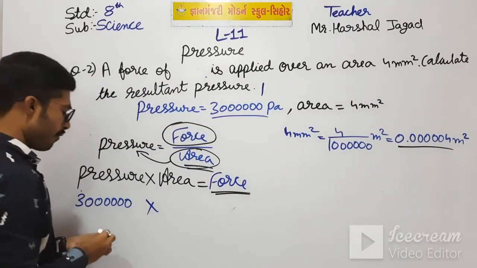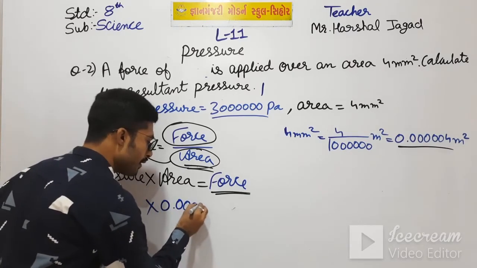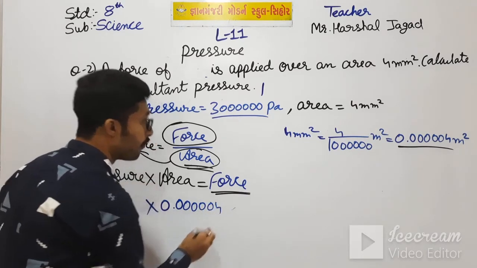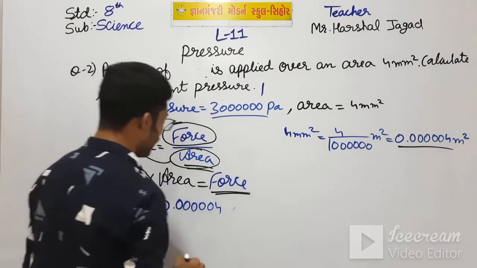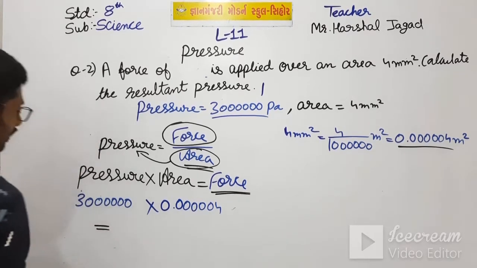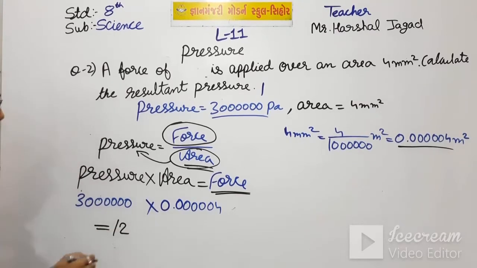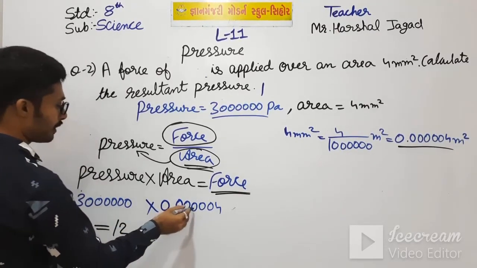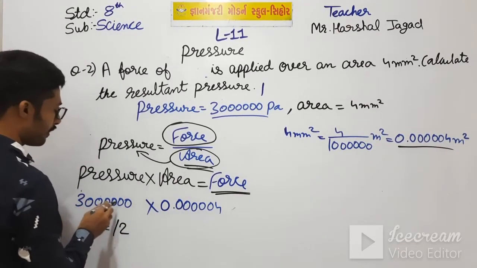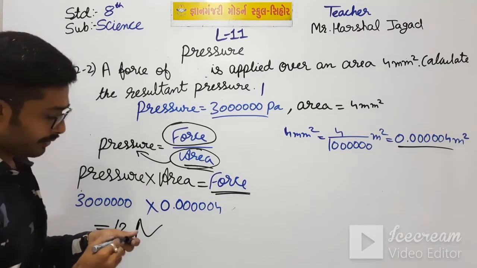So what will be the area? That is 0.000004, and now we have to calculate this. The answer will be 4 3s are 12. Here how many zeros will come? 1 2 3 4 5, 1 2 3, and the answer will be 12 Newton.